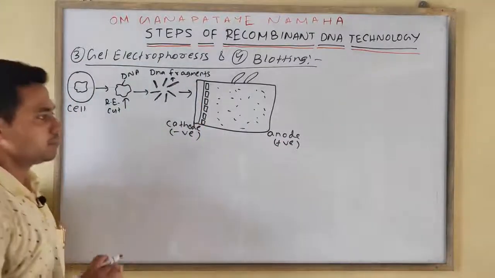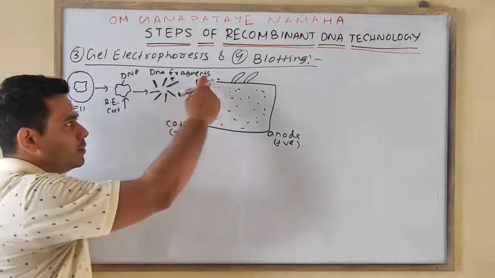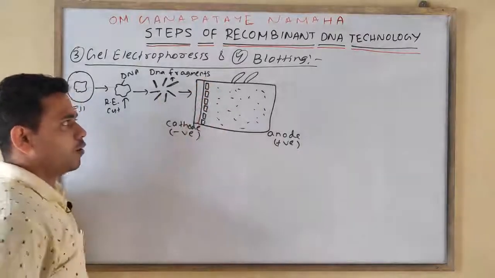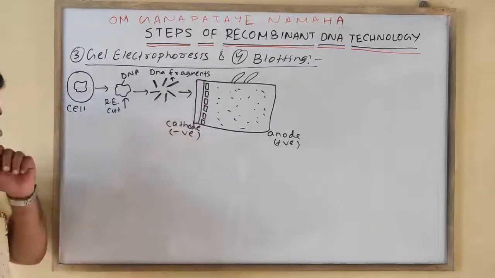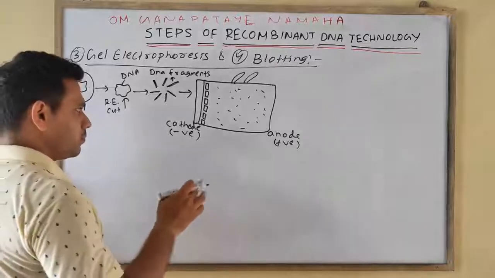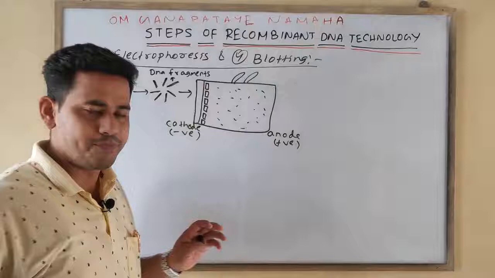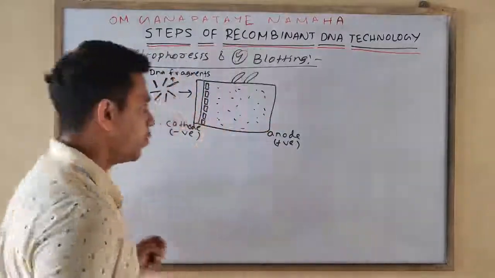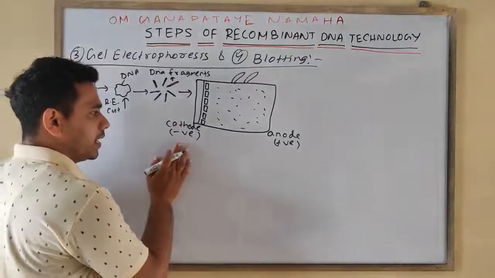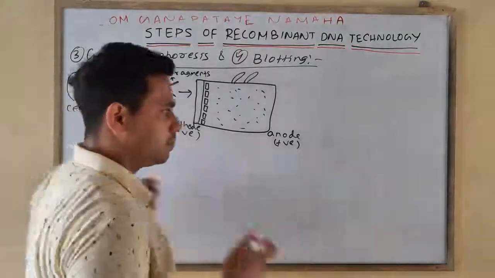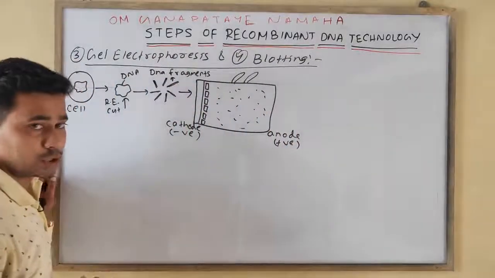Simple. With the help of a micropipette, we will pour these DNA fragments into the well of the instrument, which is present near the base. After we pour the DNA fragments into the wells, we apply the electric supply. When the electric supply is started, as the DNA is negative in nature, it will slowly move towards the anode, the positive end.